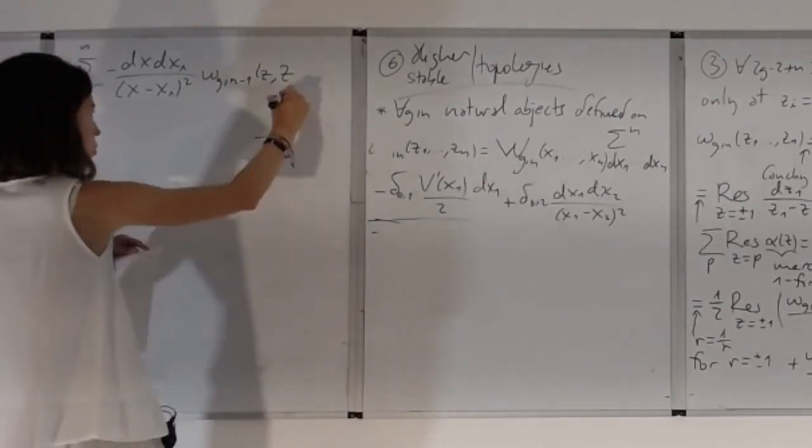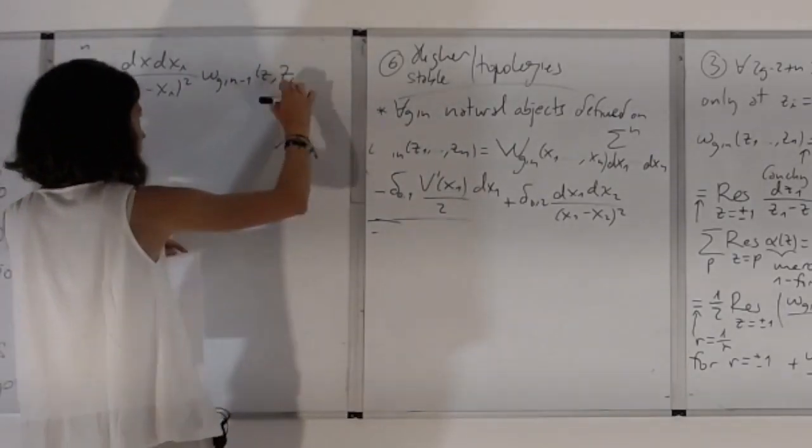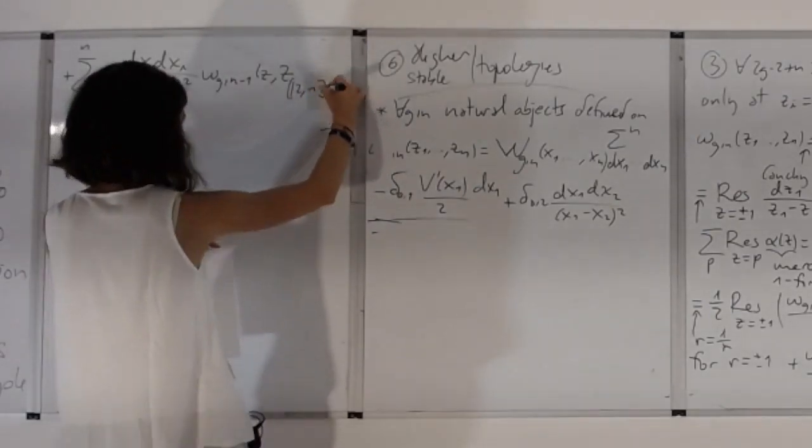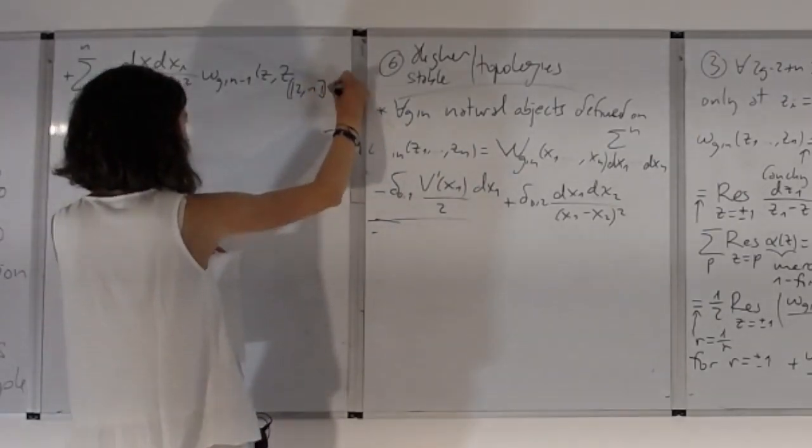So I'm using now this notation to mean z2, zn without zi.